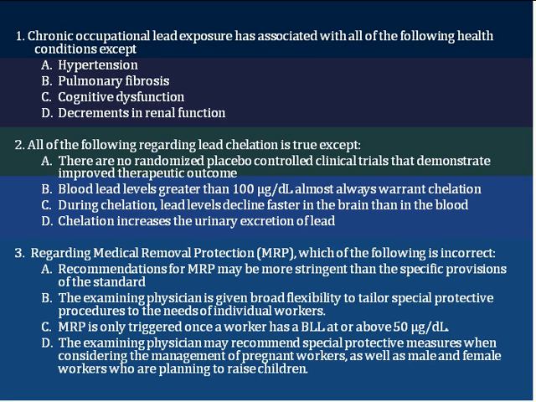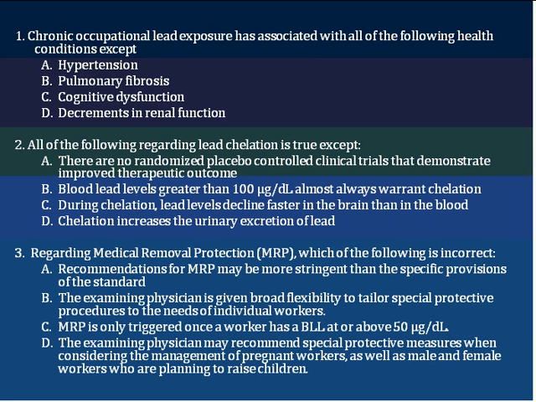Okay, that's Bob, that's yours. Regarding medical removal protection, or MRP, which of the following is incorrect? A, recommendations for MRP may be more stringent than the specific provisions of the standard. B, the examining physician is given broad flexibility to tailor special protective procedures to the needs of individual workers. C, MRP is only triggered once the worker has a blood lead level at or above 50 micrograms per deciliter.